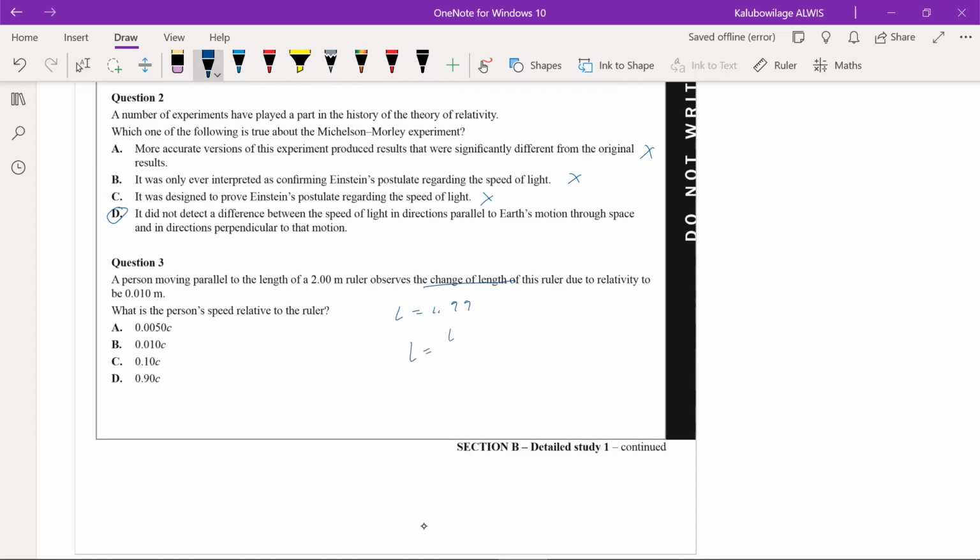So L equals 1.99 times the Lorentz factor. Lorentz factor comes to, right.